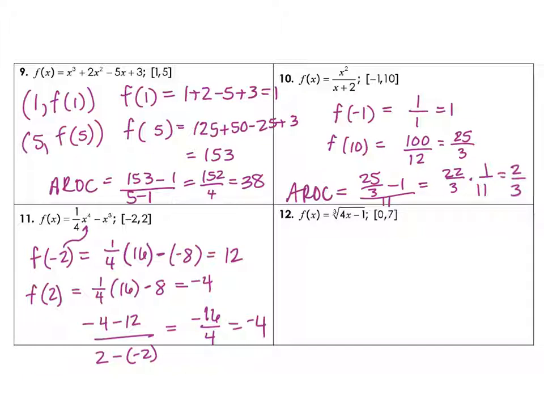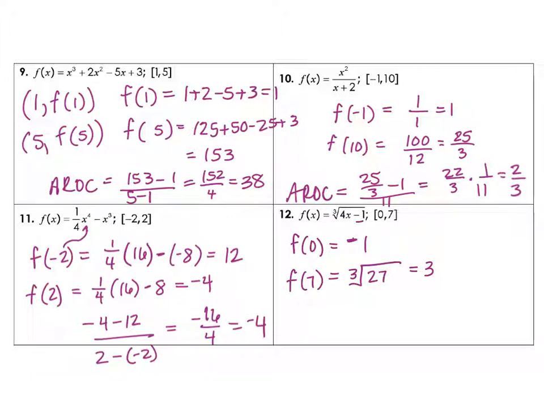Okay, so for our next one, f at 0, looks like we're going to end up with the cube root of -1, which is -1. And then f at 7, we're going to end up with the cube root of 28 minus 1, so 27. So that's going to give us a 3.